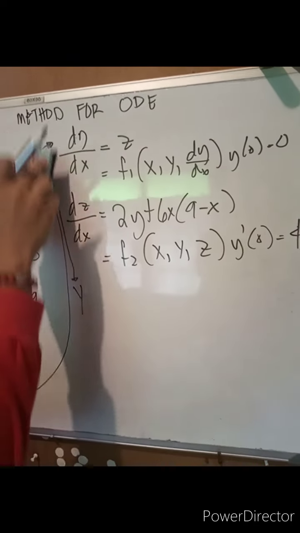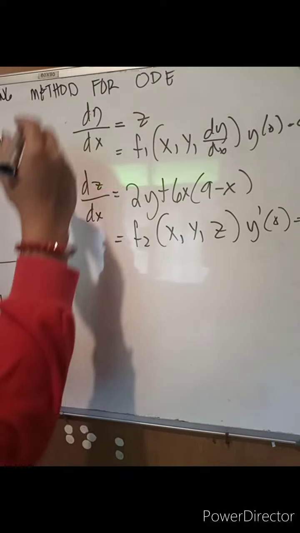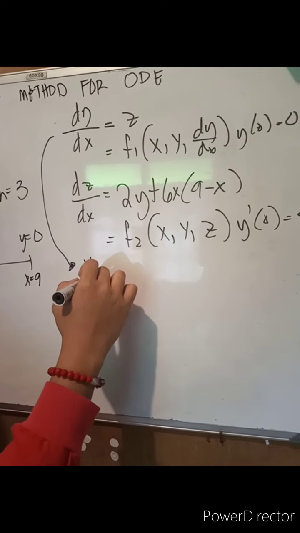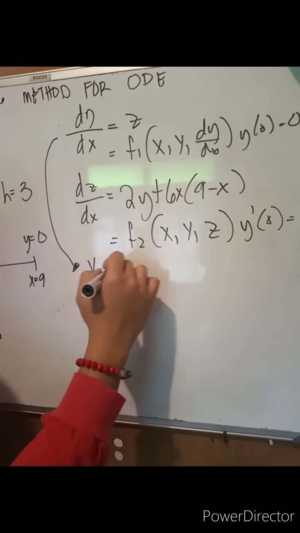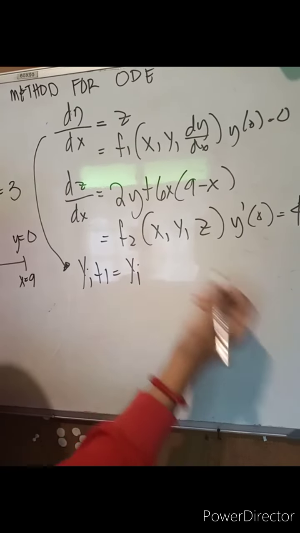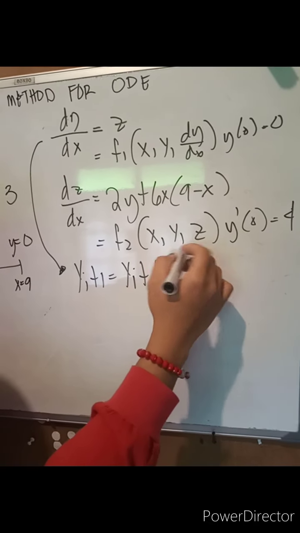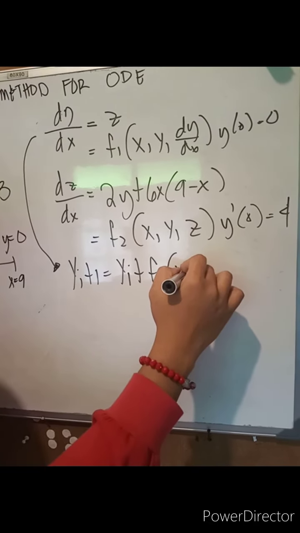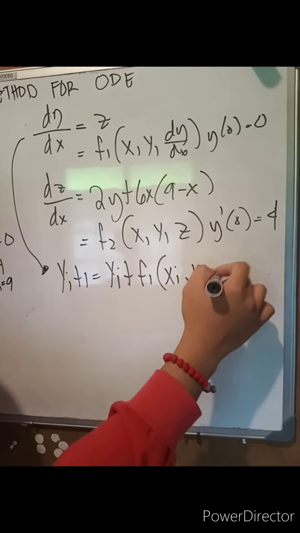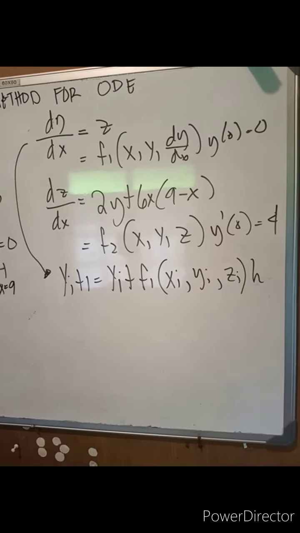Ayusin natin na. Itong 1 natin is ganito magiging itsura: y sub i plus 1 is equal to yi plus f of 1 times (xi, yi, zi) times h, yung height niya.